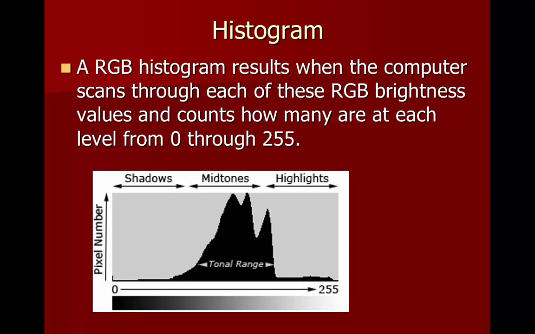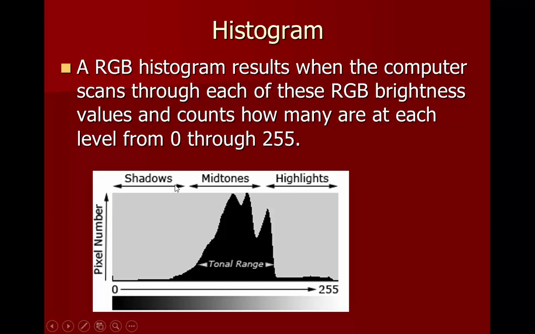Another way of looking at the values in an image is through the use of a histogram. An RGB histogram is where the computer scans through the image and counts up the number of values at each level from 0 through 255. And you can actually glean quite a lot of information out of a histogram about a particular image.